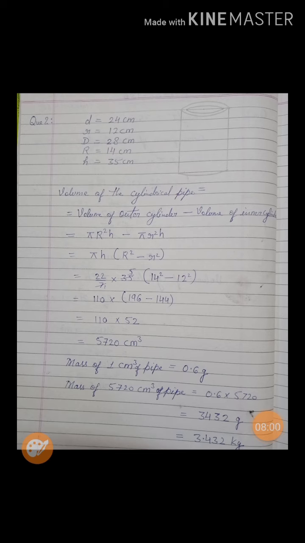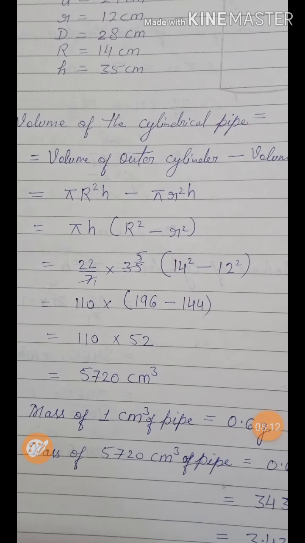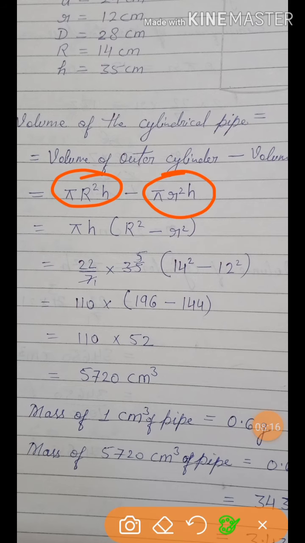So we know that we have taken the outer radius as capital R and inner radius as small r. So volume of outer cylinder minus volume of inner cylinder, we shall write here pi capital R square h minus pi small r square h. So we can see pi and h are common here. So we are taking them outside, and inside the bracket capital R square minus small r square will be left.